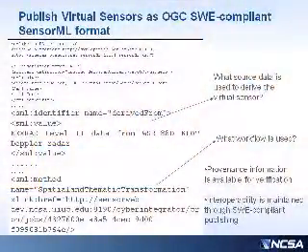You can then publish the virtual sensor itself in the OGC Sensor Web Enablement compliant SensorML format. There are multiple ways of doing this, but this shows a SensorML format where you provide some simple derivation history as well as the method by which you derived it.